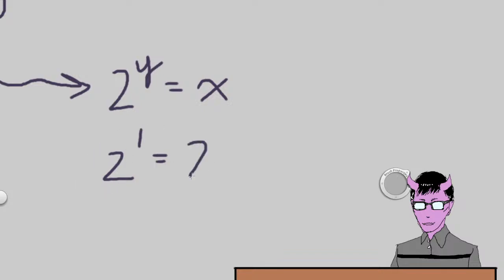2 to the power of 1 is just 2. So we get 2. But you have to kind of read this backwards, because it seems that we chose y first and then we're determining what x is based off the y choice. But I'm going to list it in terms of x first, and then y second. So if x is 2, y is 1.